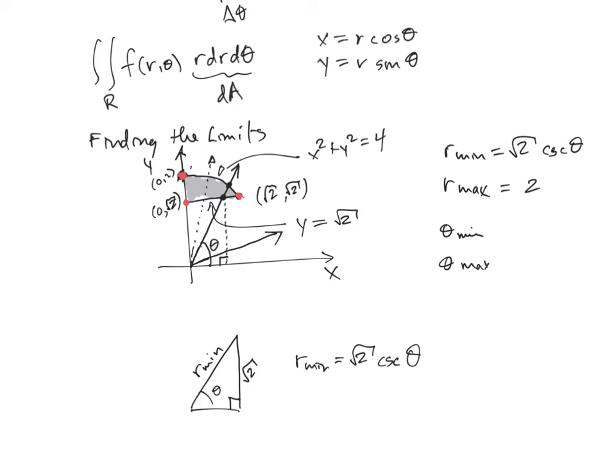Okay, so I'm going to integrate with respect to r first. r is gone. Now I'm going to integrate with respect to theta. So I'm going to do the same thing. I'm going to take this arrow that I drew and draw it so it just touches the region of integration at the lowest value of theta. That would be right here.